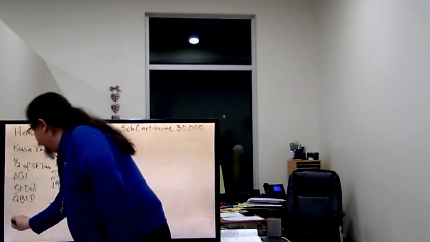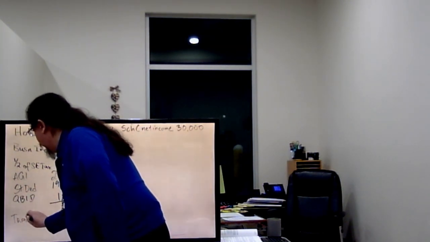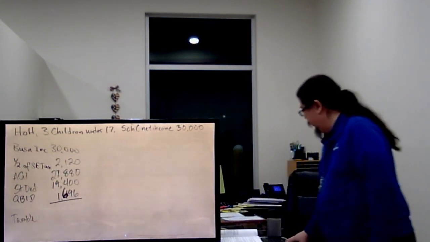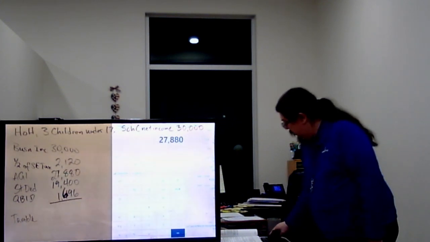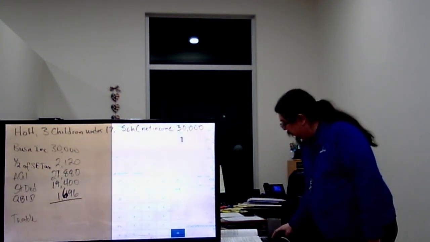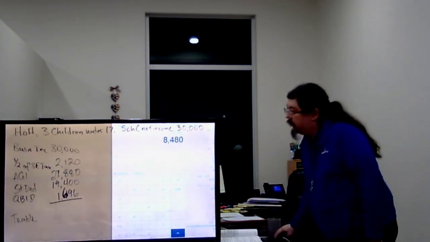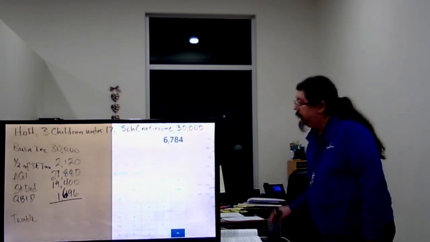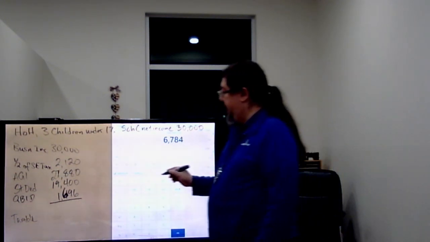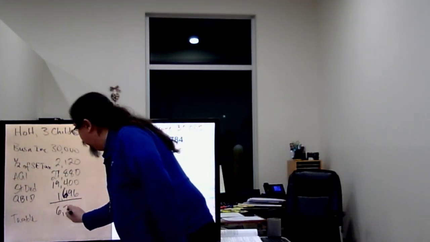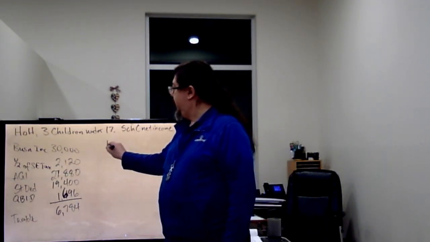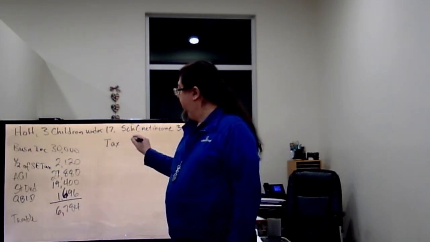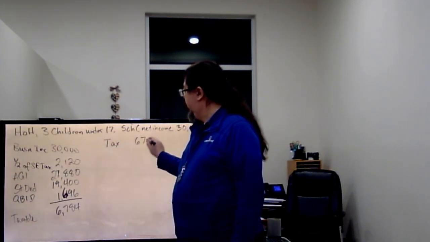Okay, so their taxable income is 27,880 minus 19,400, their standard deduction, minus their qualified business income deduction. Taxable income is 6,784. Now on page 2 of their tax return, they're going to have a tax of $678.